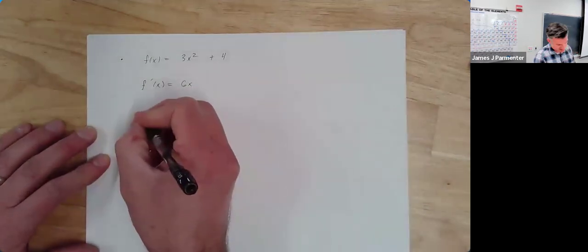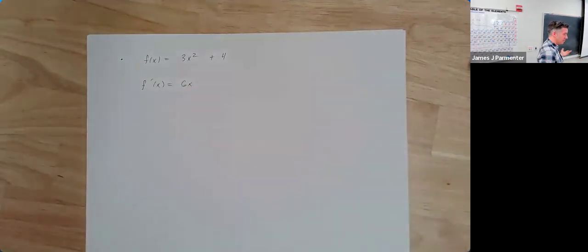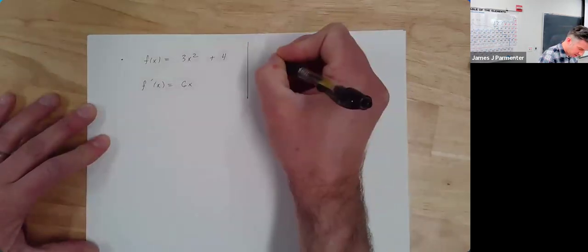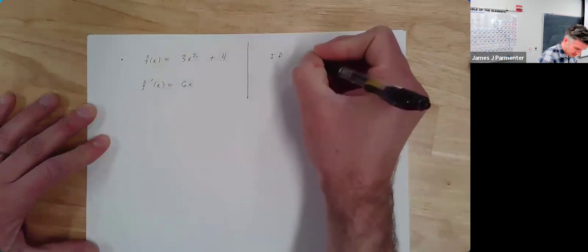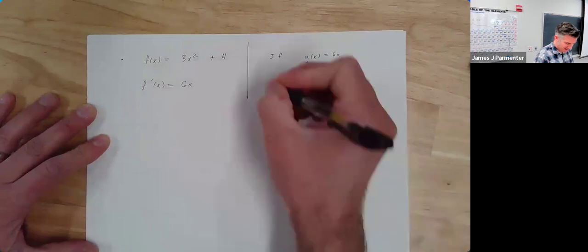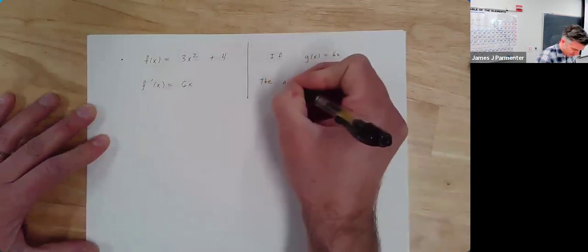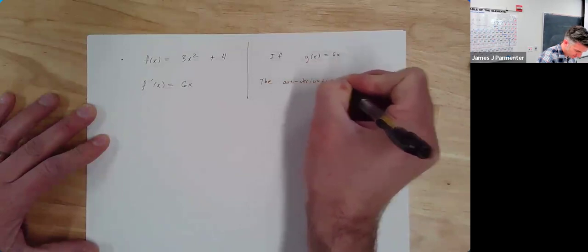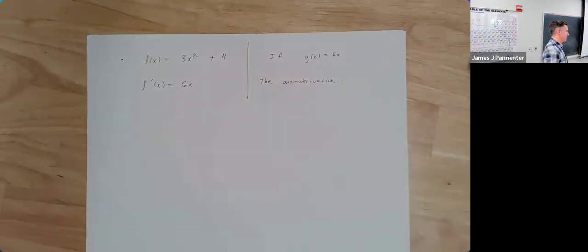And then we can say, and here's where the notation part kind of gets messy. So let's go over here. If our function is g of x equal to 6x, the antiderivative, there's a lot of ways to write this.